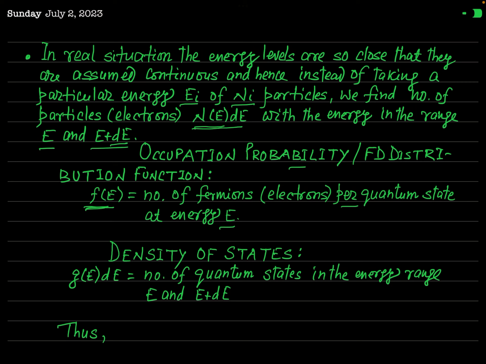You have learnt that the density of states, denoted by the symbol G of E dE, represents the number of quantum states in the energy range between E and E plus dE. So if you have to find the expression for this density of states G of E dE, you have to find the number of quantum states present in the energy range between E and E plus dE.